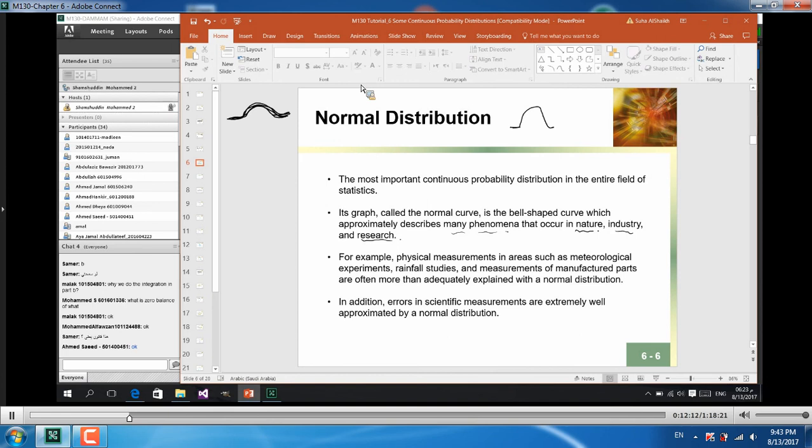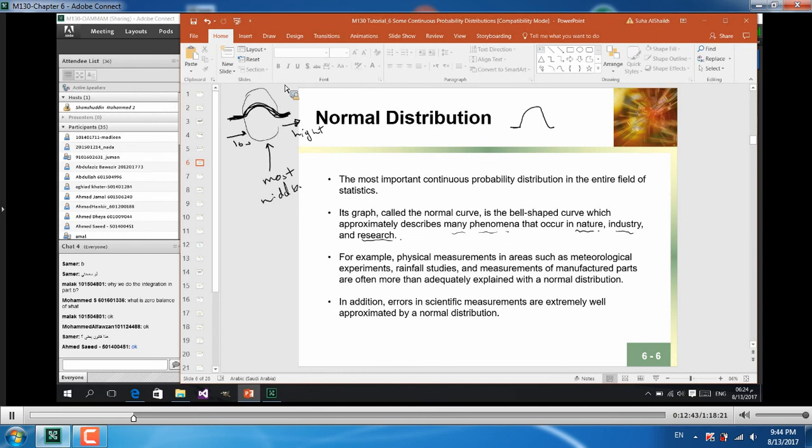The high grades are a few, the low grades are a few, and most of them are concentrated in the middle. So in this case they have a normal distribution. This is what we call the normal distribution.